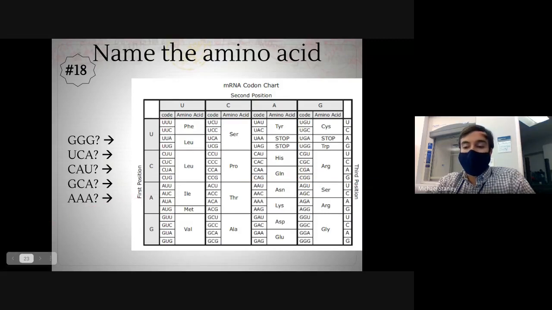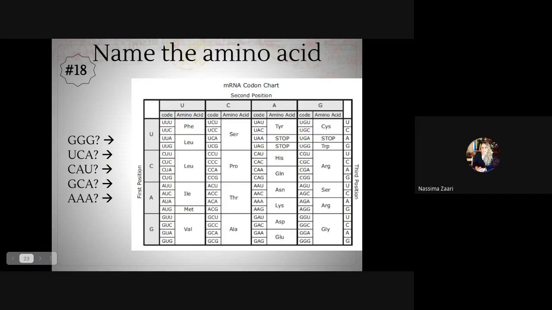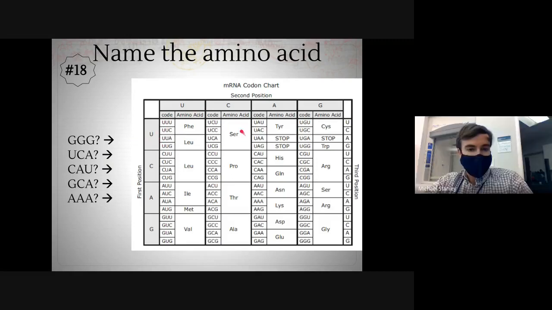So I want one of you, either out loud or in the chat, to let me know: if we have the codon UCA, which amino acid are we going to get? What's the amino acid abbreviation that comes from UCA? Yeah, SER, S-E-R, short for serine.